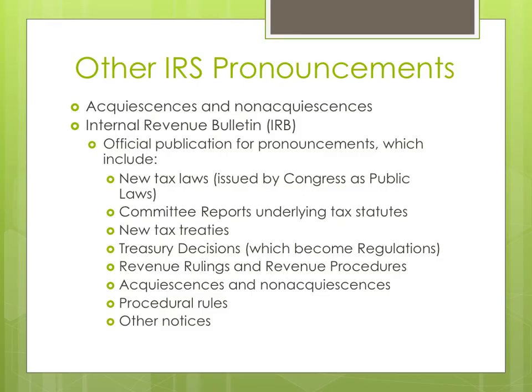We also have a variety of other IRS pronouncements, and we are not going to talk about all of these, but it's important to know there are just a ton of IRS pronouncements. Of all of these, this is the one that we really need to look at, and it's one that we haven't talked about before. We've talked about revenue rulings and revenue procedures.